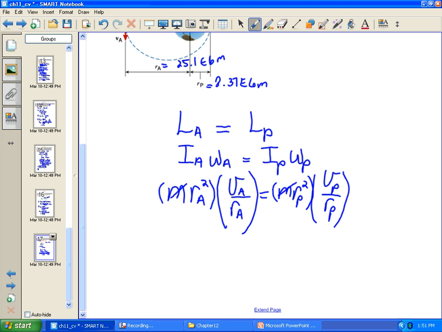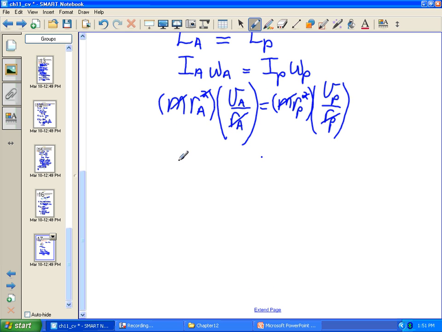So what can we cancel here? Well, this m cancels that m. This r sub a cancels one of those. This r sub p cancels one of those. And so now to solve for v sub a, it will be equal to r sub p over r sub a, once we divide out r sub a, times v sub p.